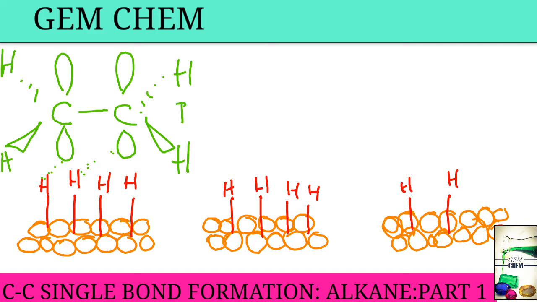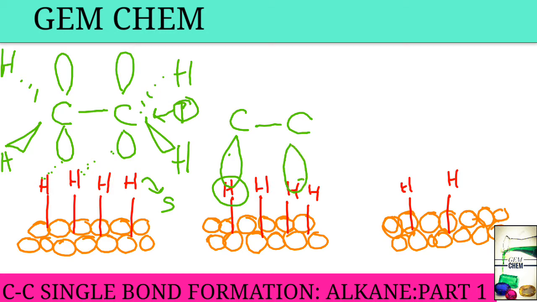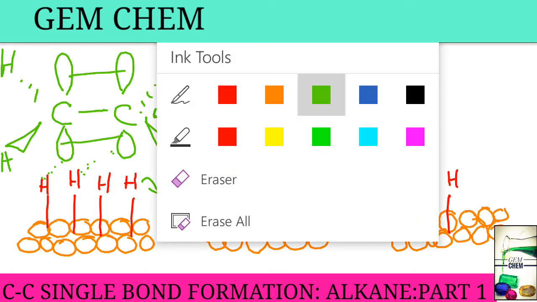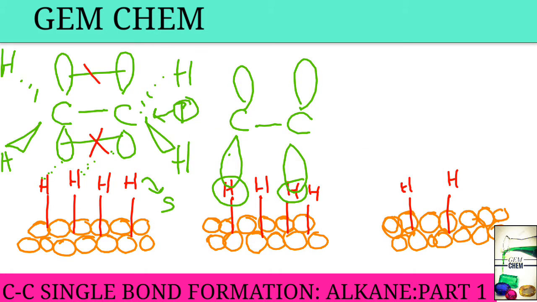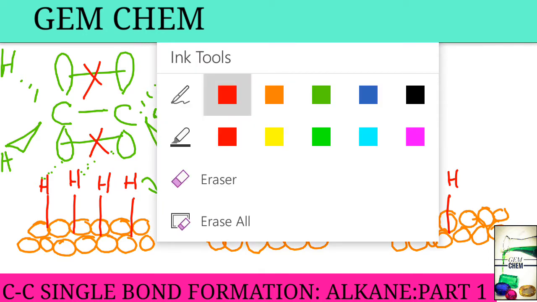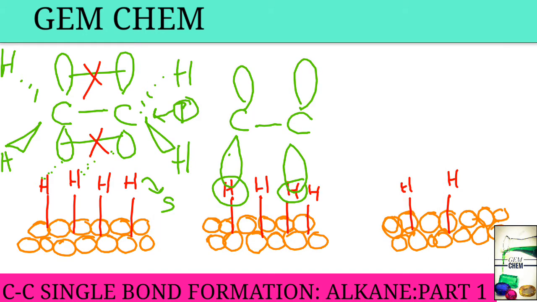So the p orbital of this carbon and the s orbital of this hydrogen form a bond. They come near to each other to form the bonds. This carbon forms a bond with this hydrogen. This bond, which was a pi bond, breaks up to form a bond between carbon and hydrogen.